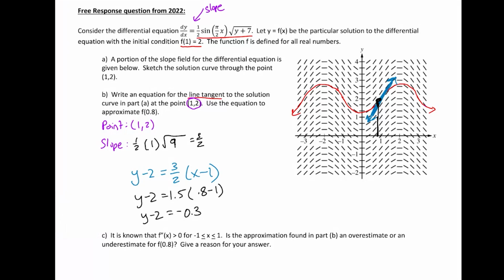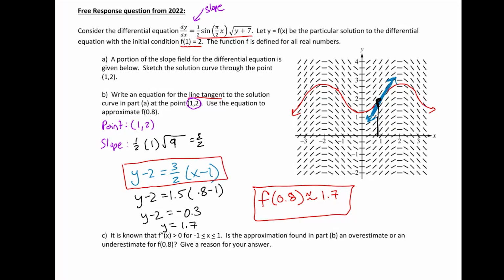And then if I add 2 to both sides, I'm going to get my estimate here, which is 1.7. So we can say then that f of 0.8, based on our linear approximation, should be approximately 1.7. And here was our actual tangent line that we got initially.